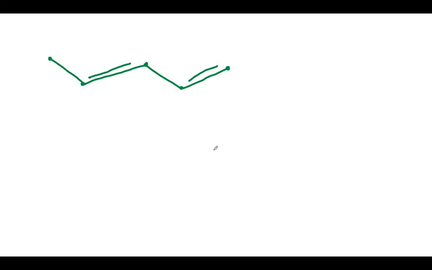Okay, now here's another example. This time I've got 2 double bonds here. It's also a line diagram. I'm going to try numbering it from left to right and right to left. So in doing it from left to right, I've got 1, 2, 3, 4, 5. So my double bonds are at the 2 and 4 positions.